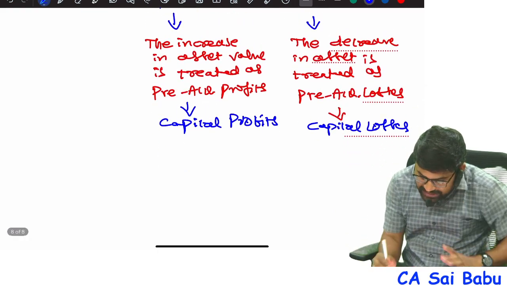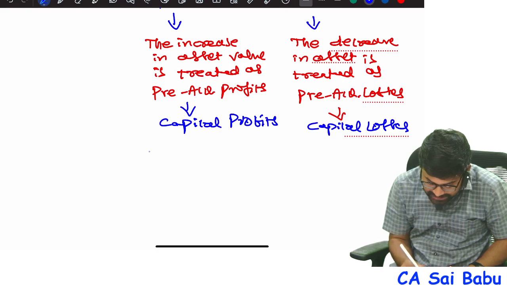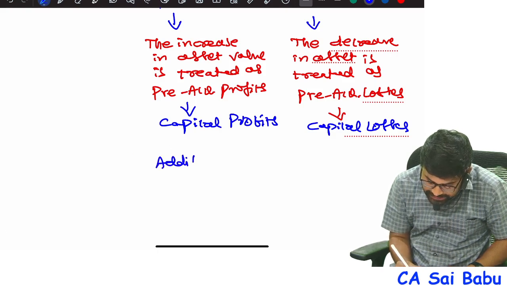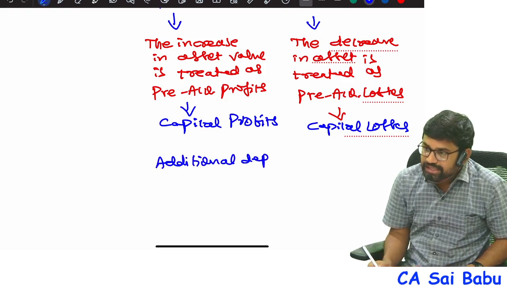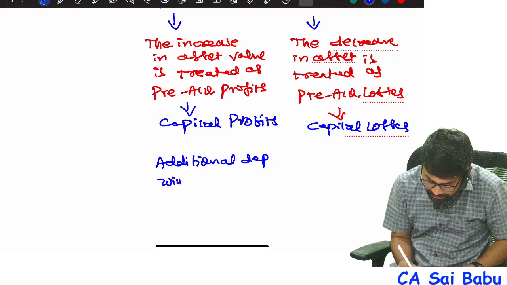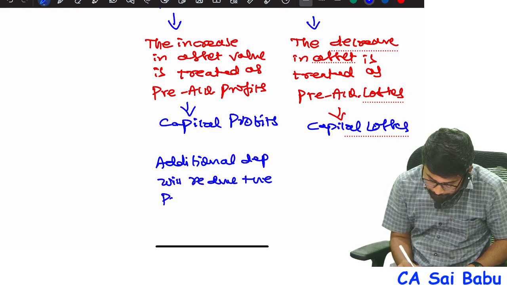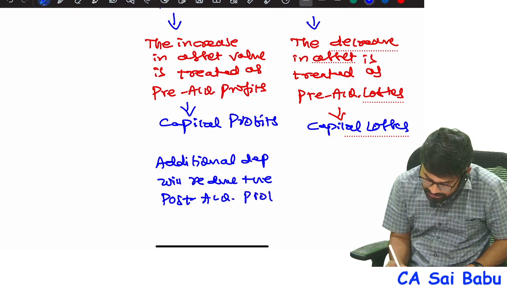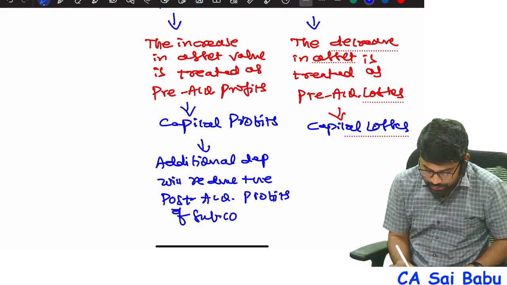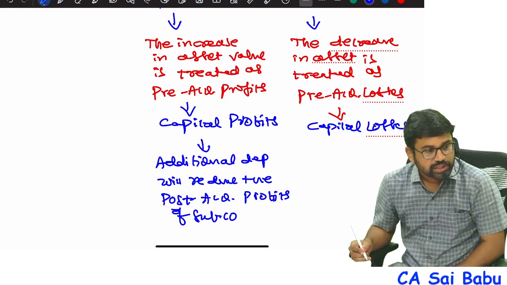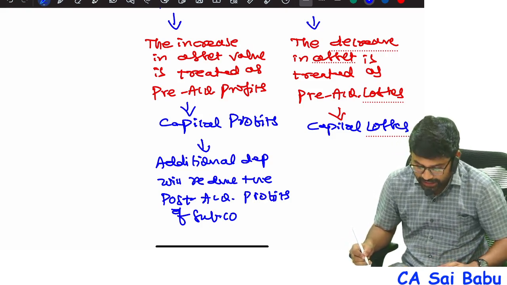If there is an upward revaluation, additional depreciation will reduce the post-acquisition profits of the subsidiary company.